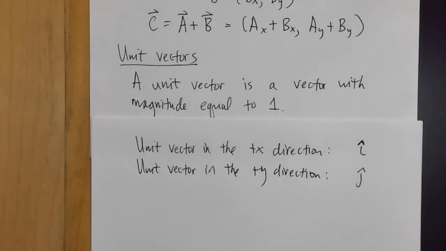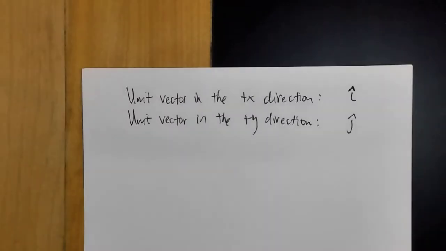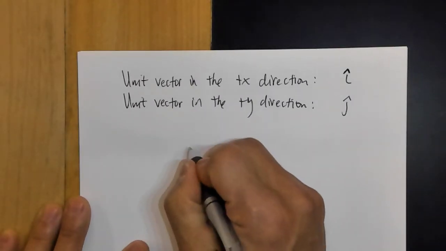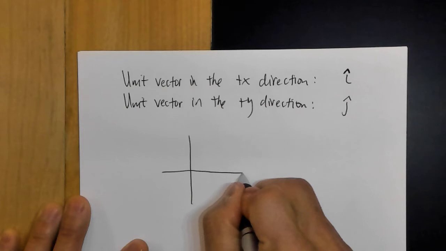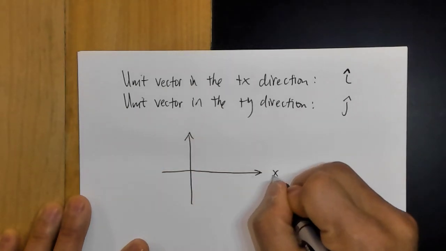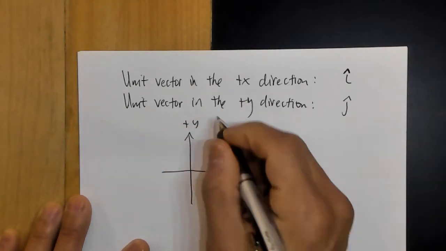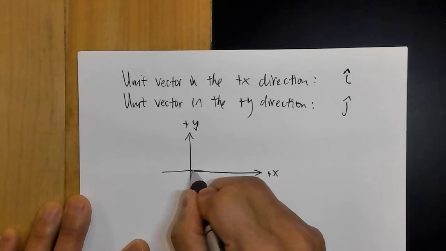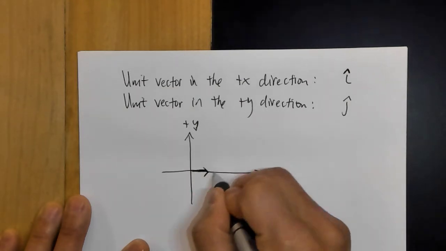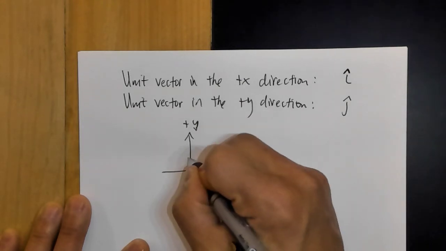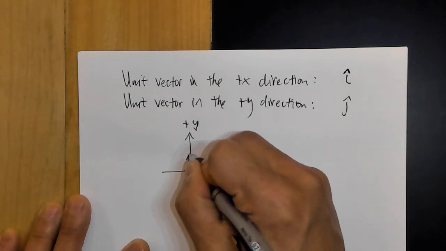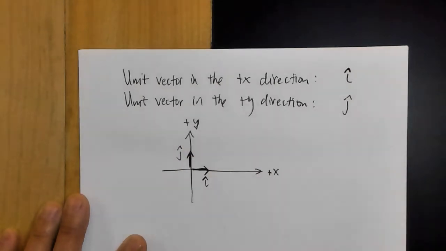Just a convention for that. So if I want to draw a picture, here's plus x and plus y. Then if I just have something of length 1 here, that would be my I hat vector. If I have something of length 1, that would be my j hat vector.